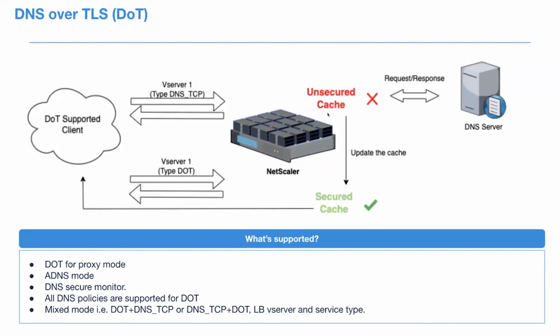What it will do is get the data, secure it as a cache, and then provide it to the DoT supported client. Whenever the same client comes and asks for similar information, we always have that data as a secure cache. So the information provided via the secure caching method always goes through a secure channel. That's the major benefit of DNS secure caching we have implemented.